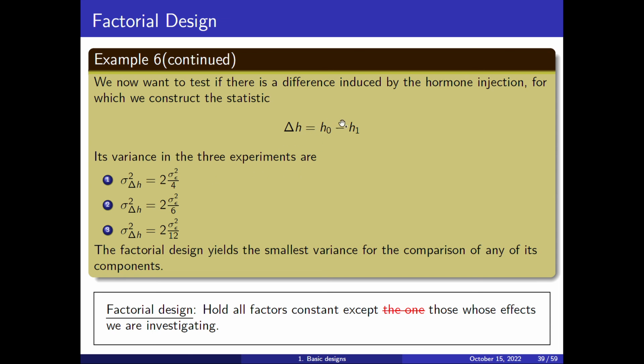And because we are subtracting two random variables, the variance of this subtraction is the variance of the first one plus, not minus, the variance of the second. Okay, so what is the variance of each one of these groups? Let's see.